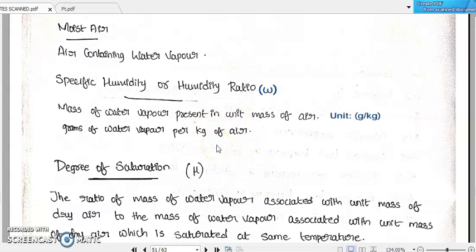If you take 1 kilogram of dry air from one portion of the atmosphere, what is the total number of grams of water vapor associated with that kilogram of dry air? That is what we call specific humidity or humidity ratio. How is this humidity associated with the well-being or comfort of a human being?